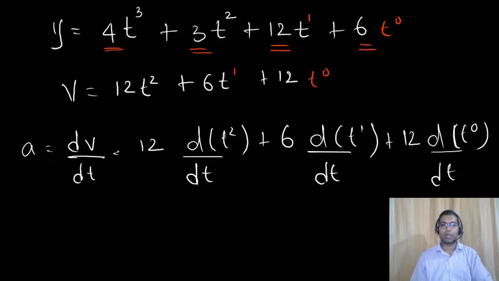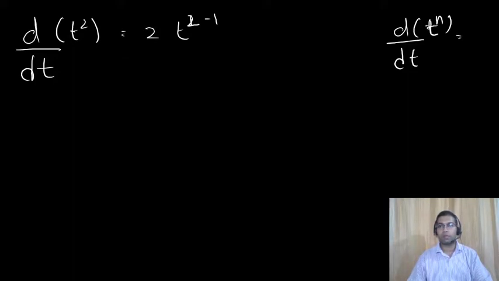Let us go ahead and solve the d by dt's. d by dt of t power n is given as n times t to the power n minus 1. So d by dt of t square will give you 2t.